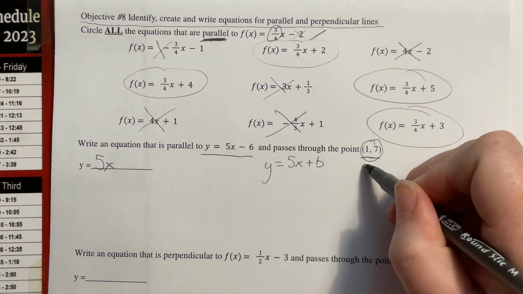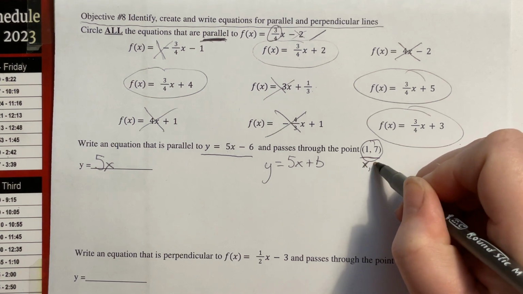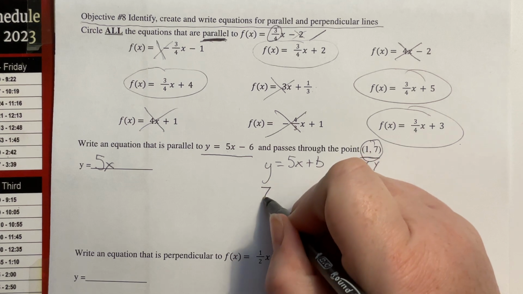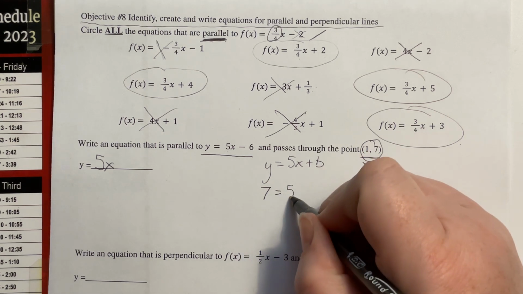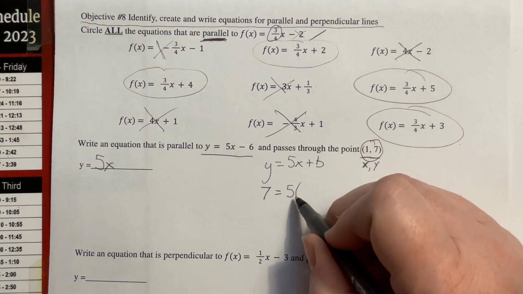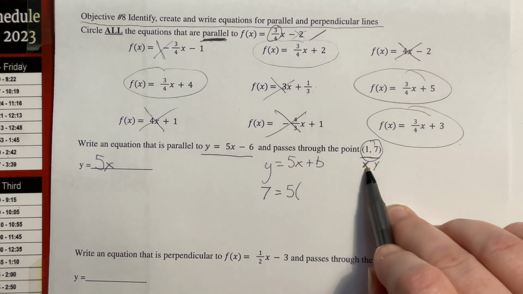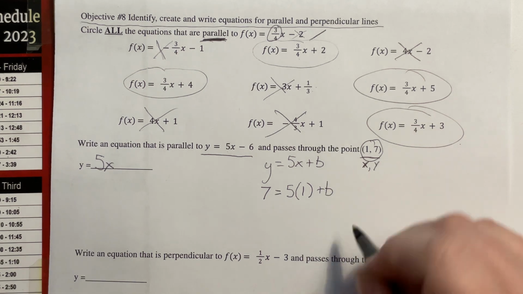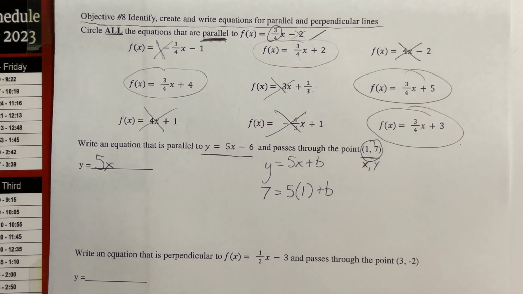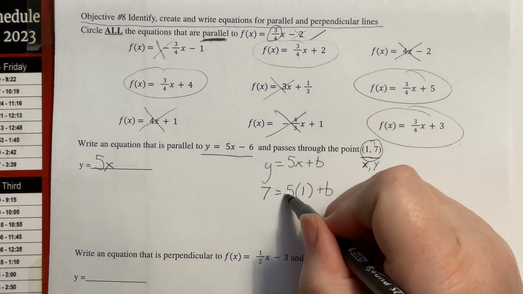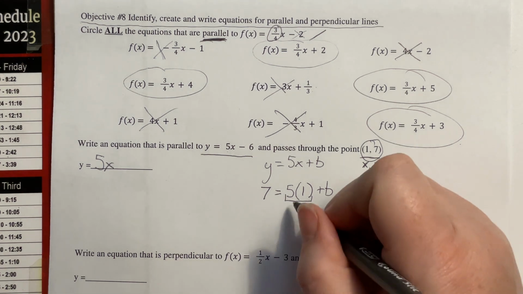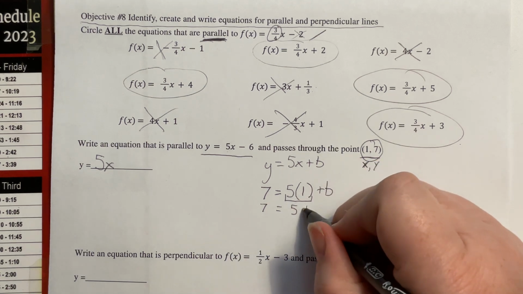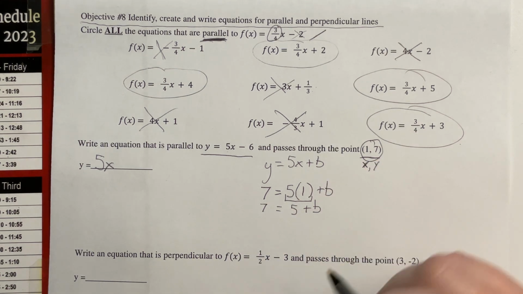So this first one, remember, our x comes first, and then our y. So y is 7. So we'll plug that in here. There's our 5, and we're going to multiply it by x, which is 1, plus b. That's the thing that we don't know. Okay, so let's use PEMDAS. 5 times 1 is 5. Bring down the rest of our problem. I hear you.